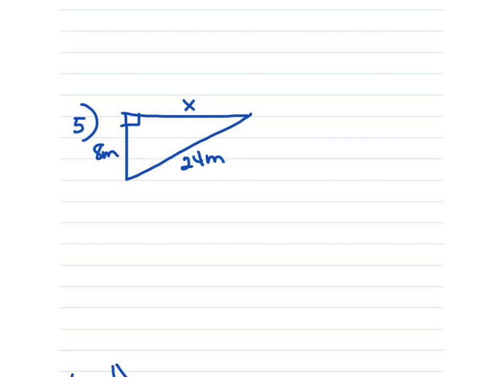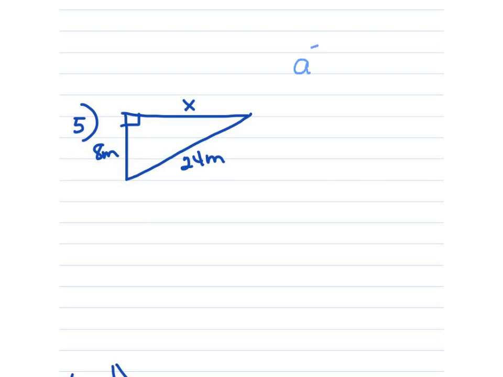Okay, number 5. Copy down the triangle. It's a right triangle. I've given you that information. I've given you one of the legs, and I've given you the hypotenuse, and I'm asking you to find the measure of x, which is another leg. Okay, so let's start with the Pythagorean theorem. Let's write it down.